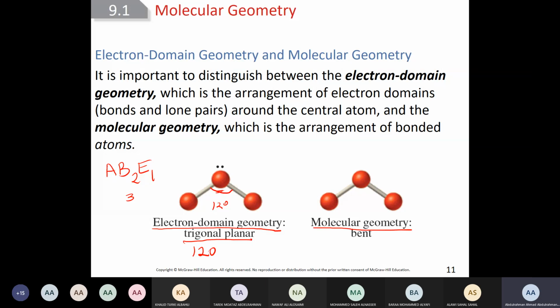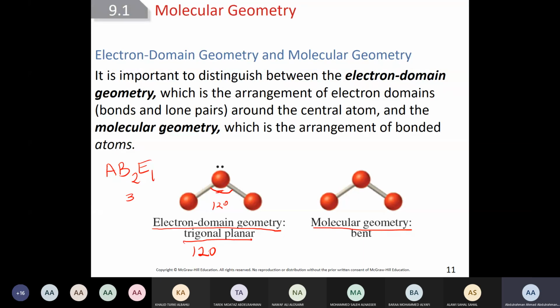The geometry, the shape: we cannot see the electrons. We can see the atoms by X-ray diffraction, but the electrons, we can never see them.